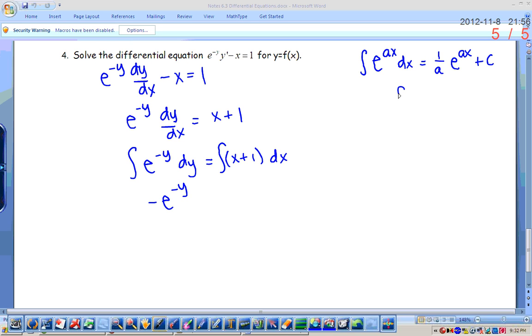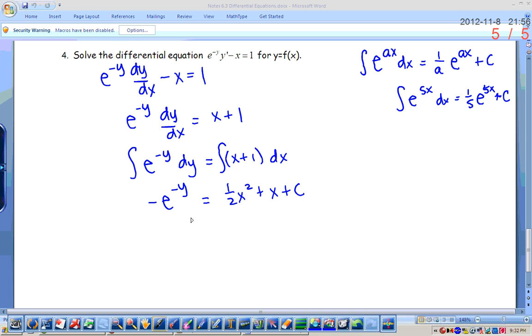So the integral of e to the 5x is 1/5 e to the 5x. So when you integrate e to a number times x, it's what you're starting with times the reciprocal of that coefficient right there. All right, when I integrate the right side, I get 1/2 x squared plus x plus c. Don't forget your plus c.